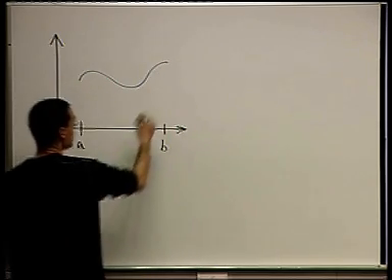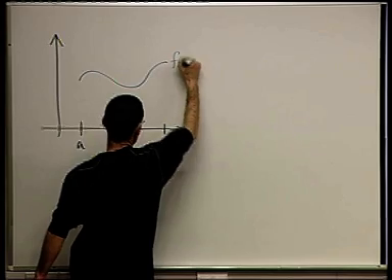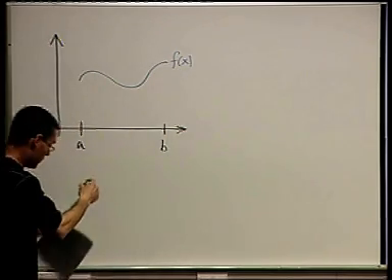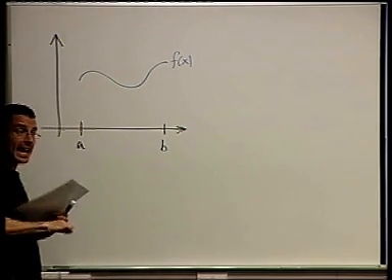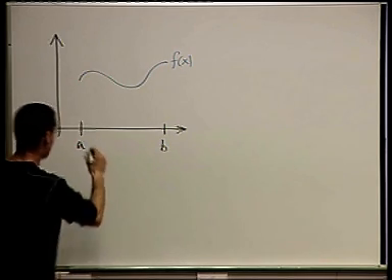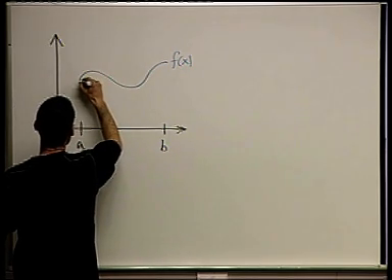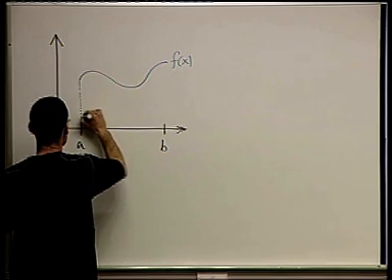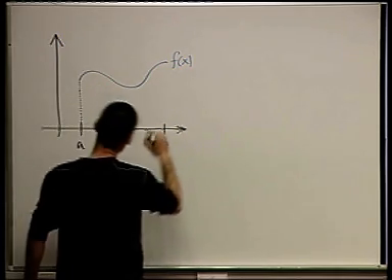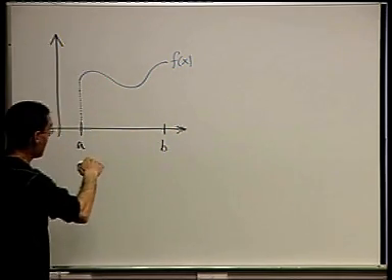Something like this. And we asked, what is the area under the graph between a and b? That was the question.